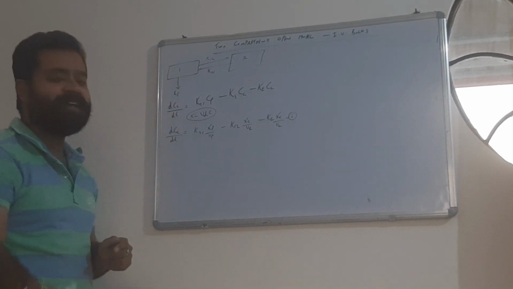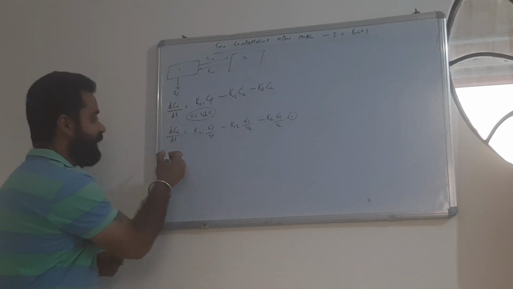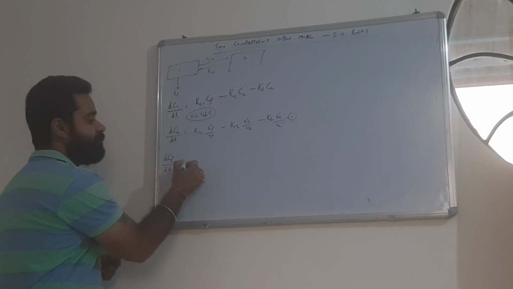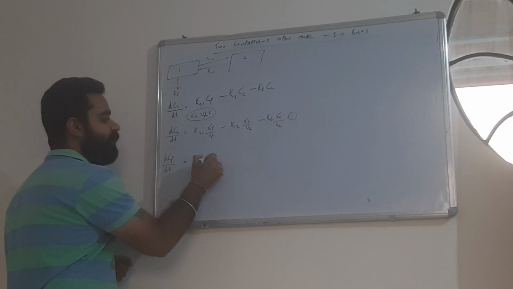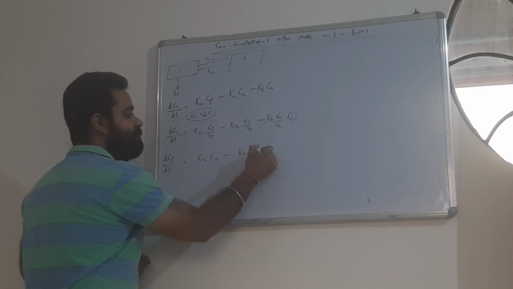Now, the rate of change in concentration in the peripheral compartment is given by dCp/dt = K12 Cc - K21 Cp.